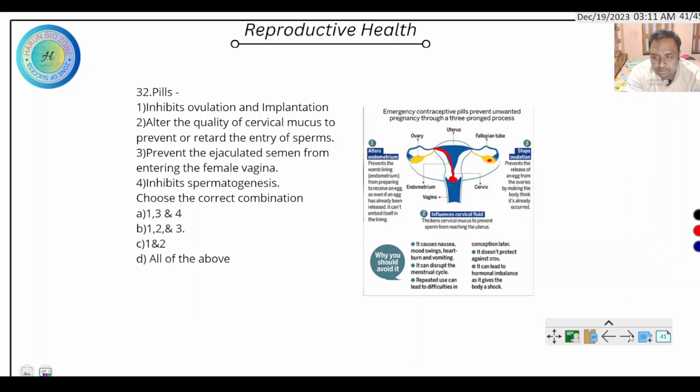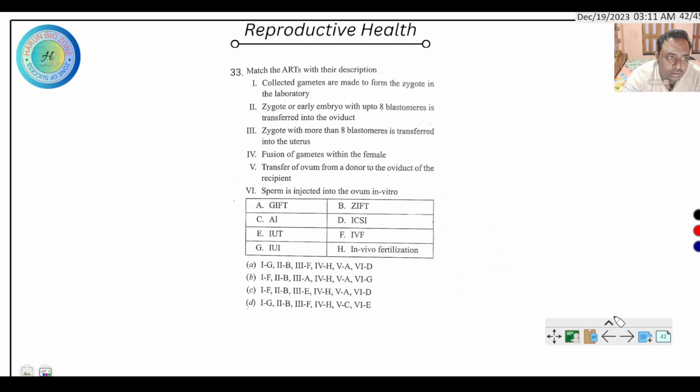Next question, match the ART, artificial reproductive technique, with their description. Collected gametes are made to form the zygote in the laboratory.